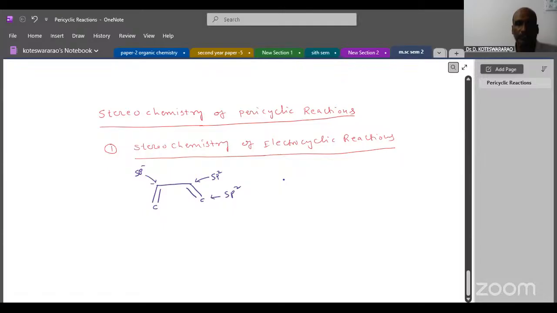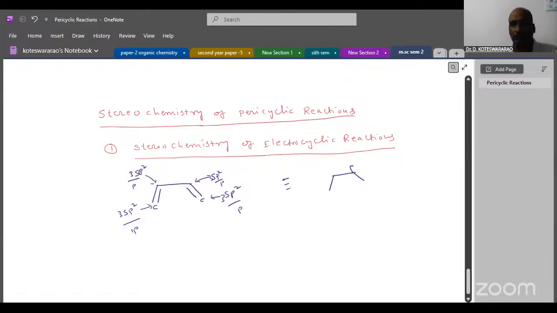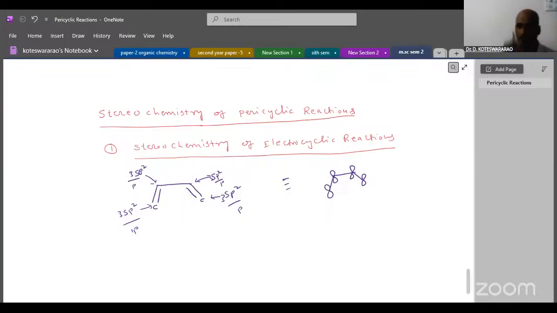Each carbon has three sp2 hybrid orbitals and one unhybridized p orbital. Whenever I represent this molecule in the form of orbitals, each carbon exists with one unhybridized p orbital.